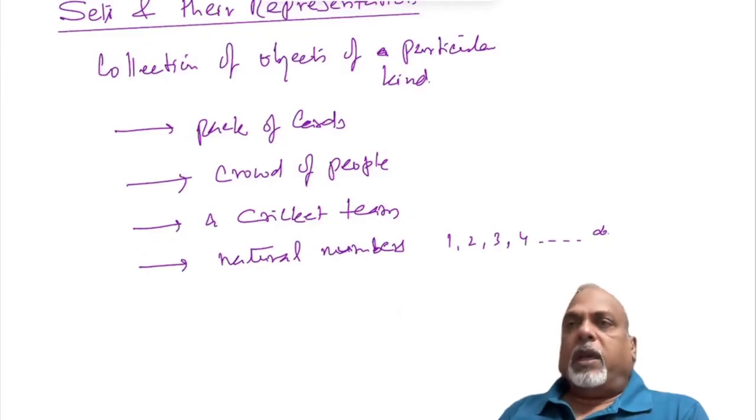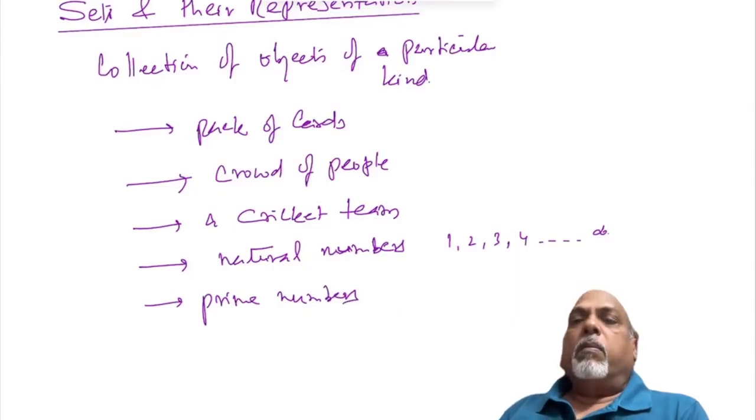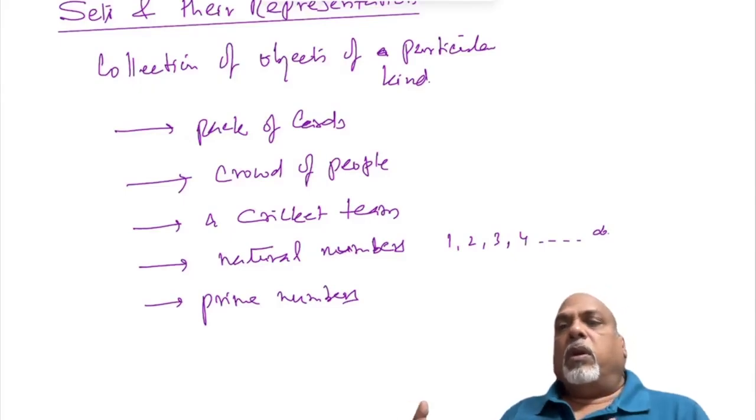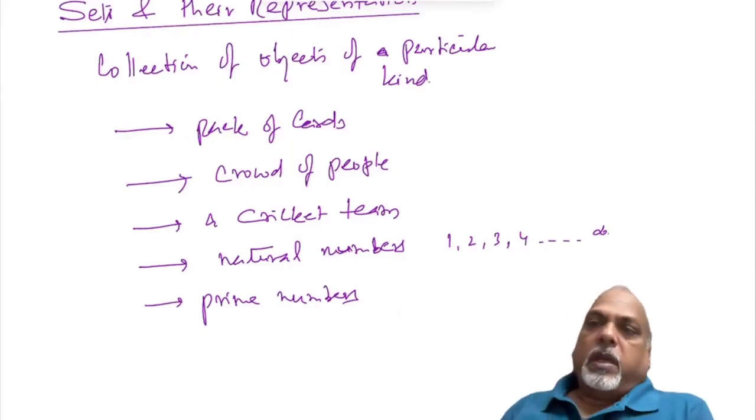So it is a collection of objects of a particular kind, correct? Prime numbers, prime numbers are distinct. So if we have a collection of these, this is also a set, correct?